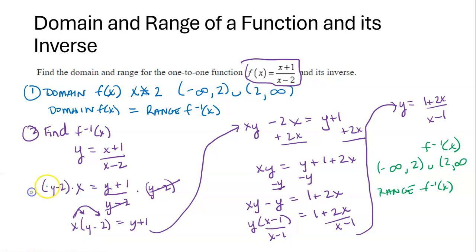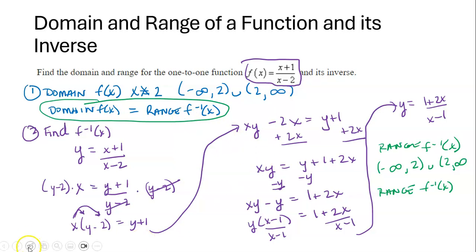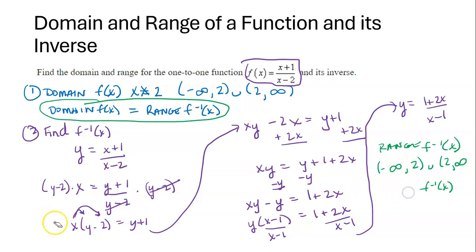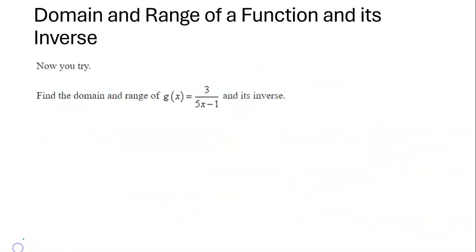This is the range. I got confused. It happens. So this is the domain. I know that x can't equal 1, like this cannot equal 0 right here. So this is going to be negative infinity to 1 union 1 to infinity. And that's your domain and range.